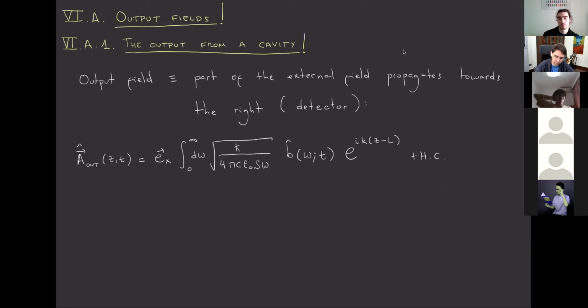So this is the expression for the part of the field that is propagating outside of the cavity, towards the detector. And now we just make one approximation that we could live without, but it simplifies everything a lot, which is that, as usual, only frequencies around the cavity frequency contribute.